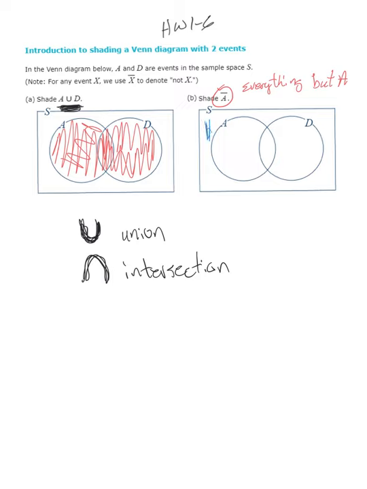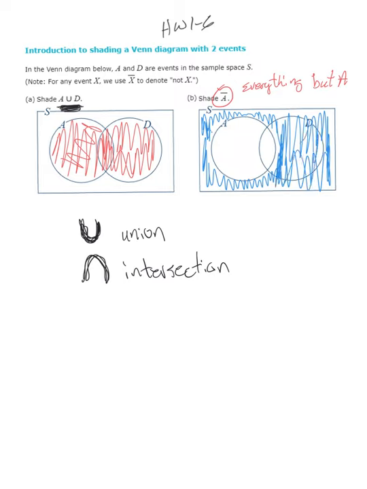So everything but A would be everything around that circle. So all of D and everything else, but this is everything but A. Okay? So that's what those would look like. Remember union, remember intersection, remember what that little bar over it means, everything but whatever it's over. All right, so we're going to skip to the next.